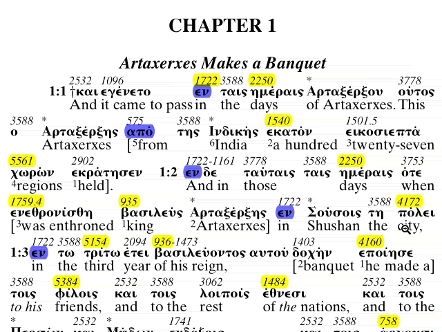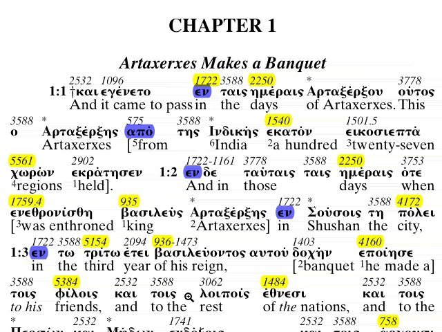And the last verse, I mentioned the apo. So this Artaxerxes held 127 regions, and then it would have of the India. You could do that. Again, that could be taken out of there. Of the India, or from India, is with the preposition apo.